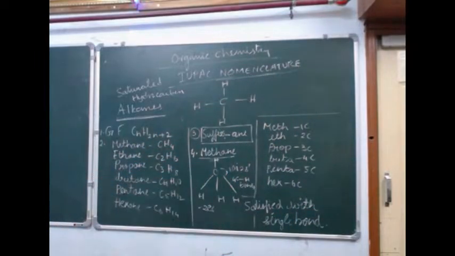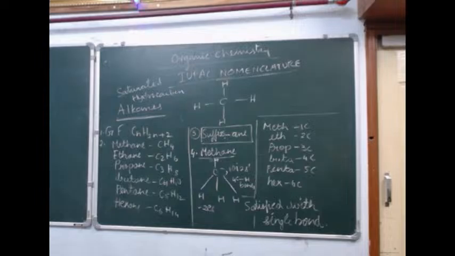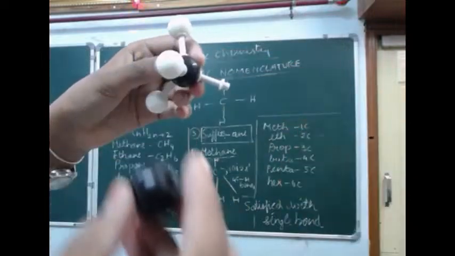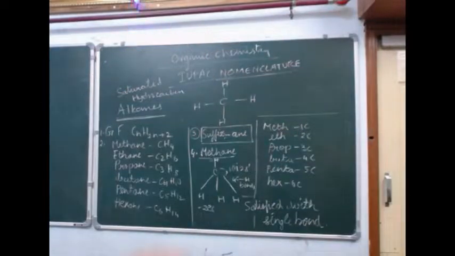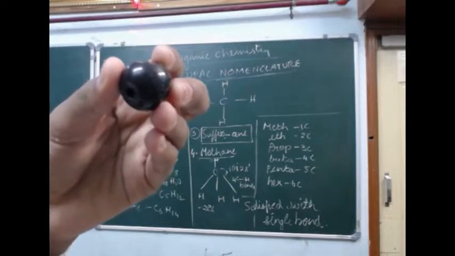Can you do that? Take one more CH3. So now you have got CH3, is it not? So you can keep it here. I'll take this. This is not hydrogen, this is carbon. Show that. Keep this. So this is carbon. Okay.